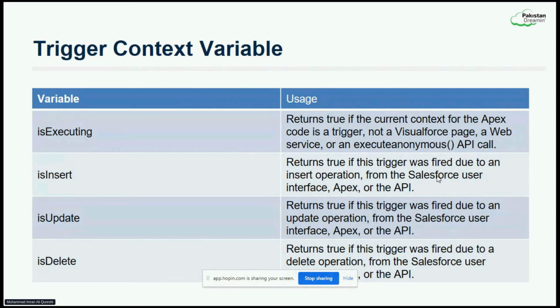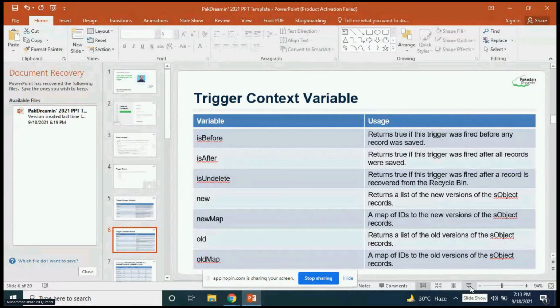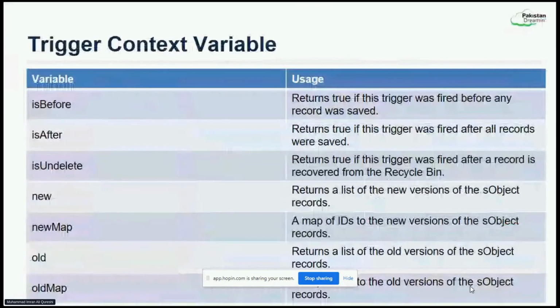Mm, Can you try ending the screen share and sharing it again? okay. Thank you. Mm. Now can you see my screen? Yeah, I can see it. Thank you, Imran. Okay.